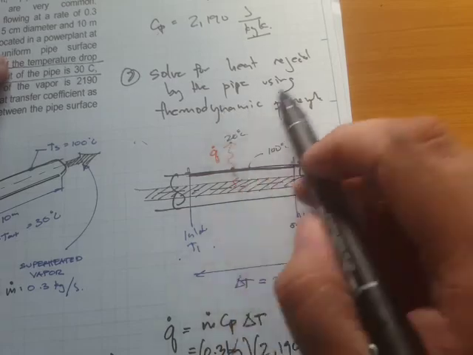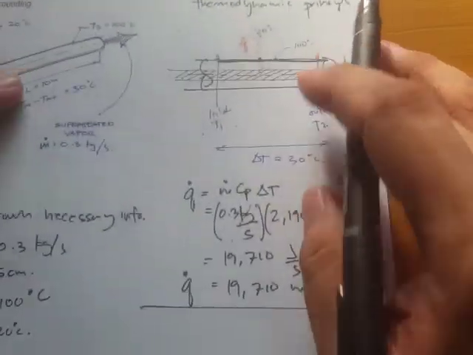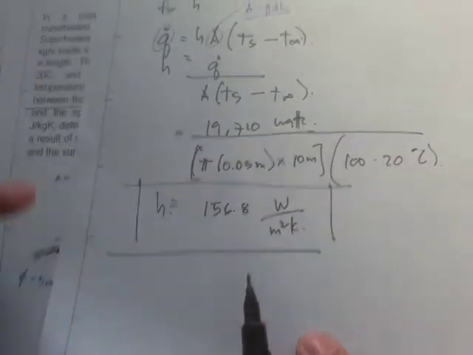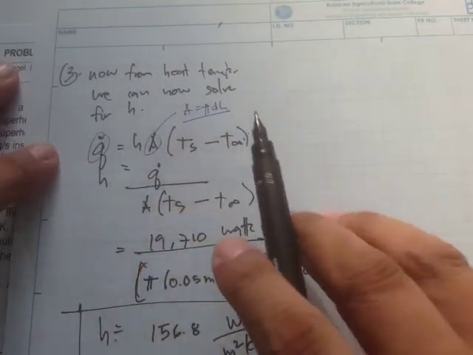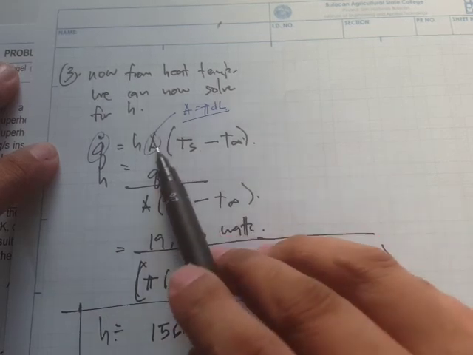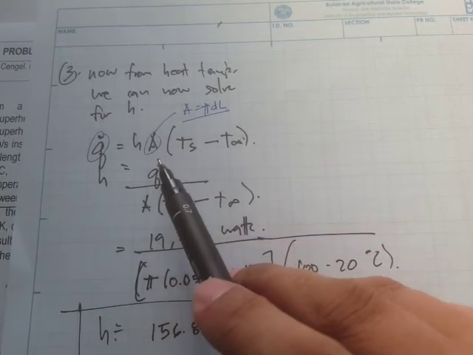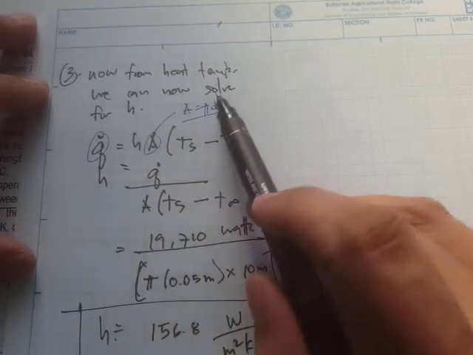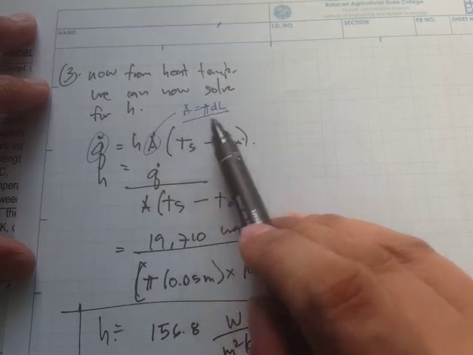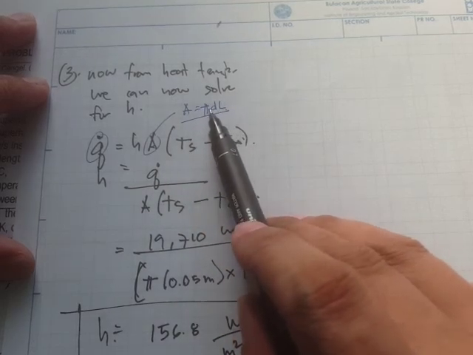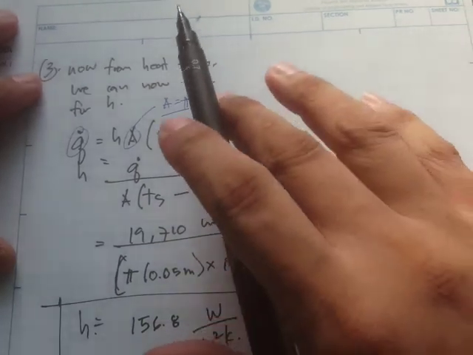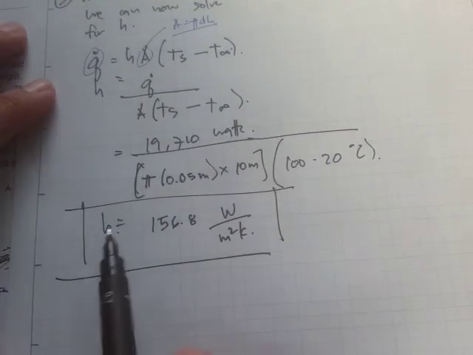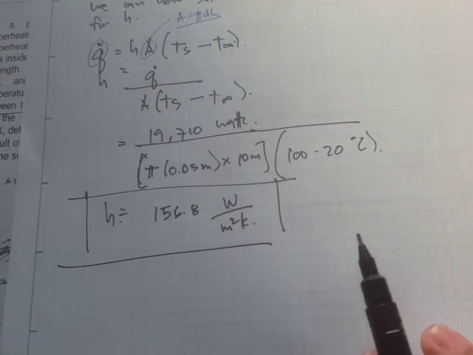Then we solved for the heat rejected by the pipe using the thermodynamic principle Q equals m Cp delta T. Once we have that, we can use the basic convection equation. Just take note that the area is the area perpendicular to the heat flow, and in our case, since we have a cylindrical geometry, we use pi d L, the surface area of the cylinder. We substituted everything and we get this heat transfer coefficient.